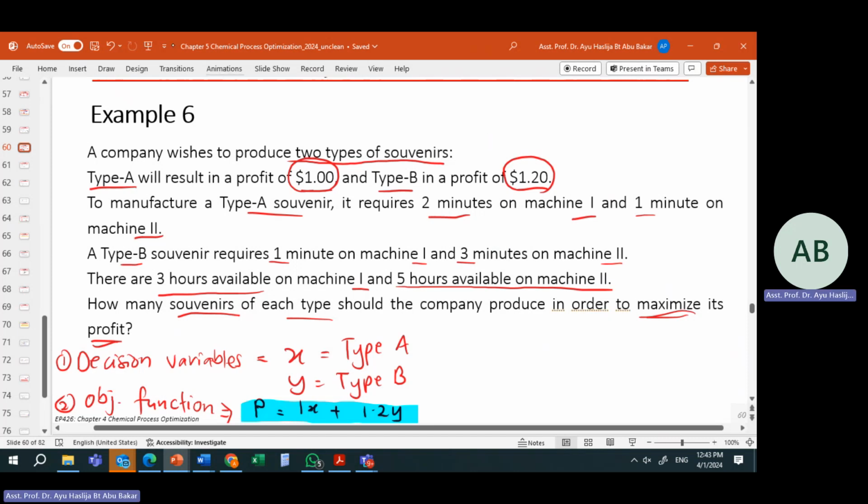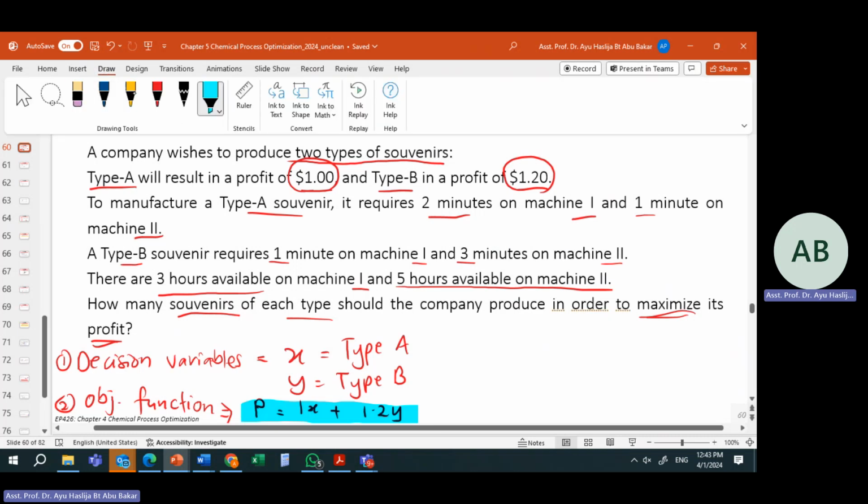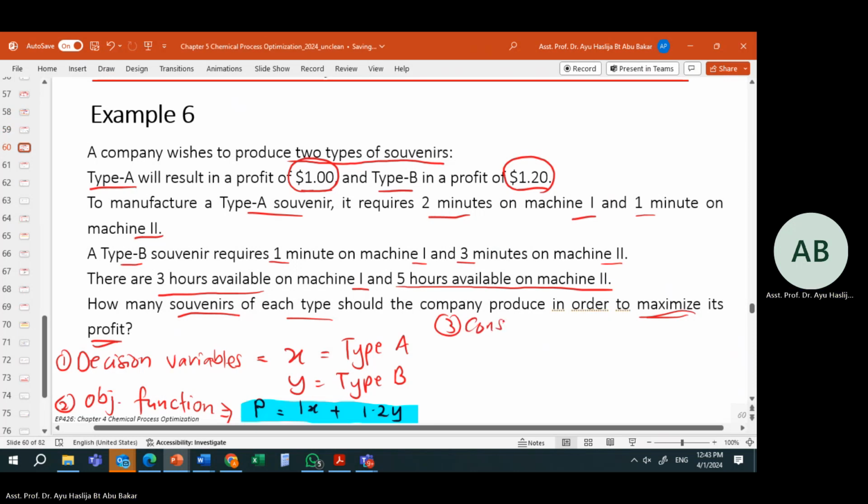Now, what are the constraints? After we identify the objective function, you identify the constraints. There are a few constraints. They are based on the machines, machine 1 and machine 2.